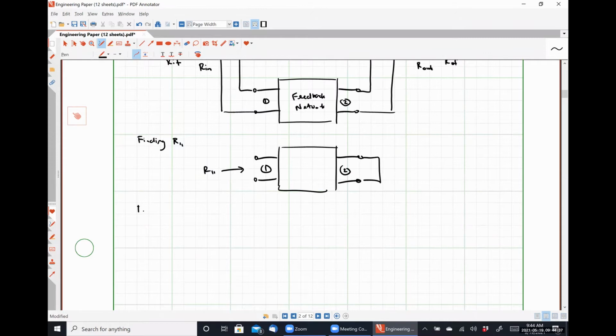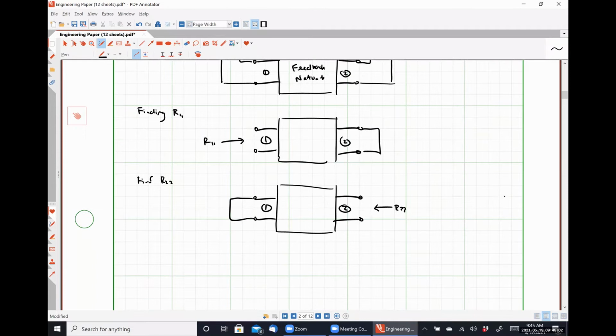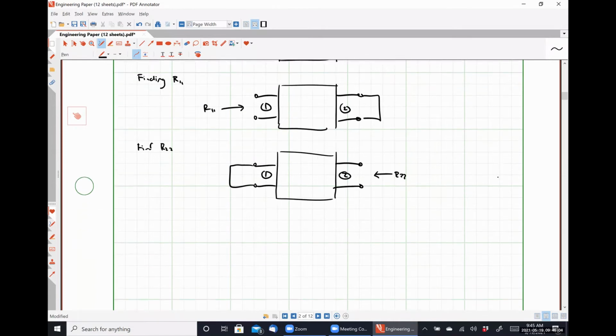Similarly, we can find R22 by looking in port 2, with port 1 short circuited, because again, we have a parallel connection.